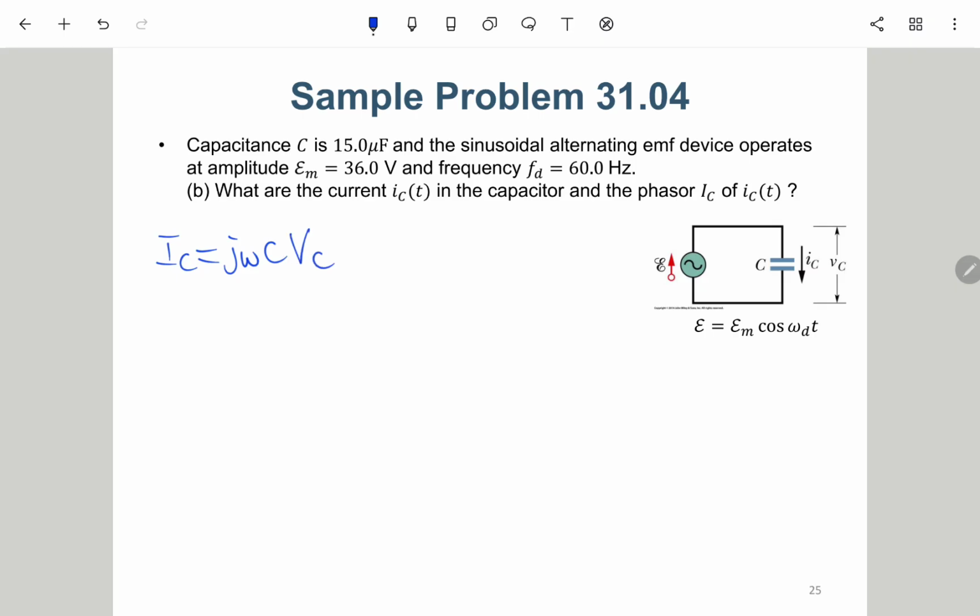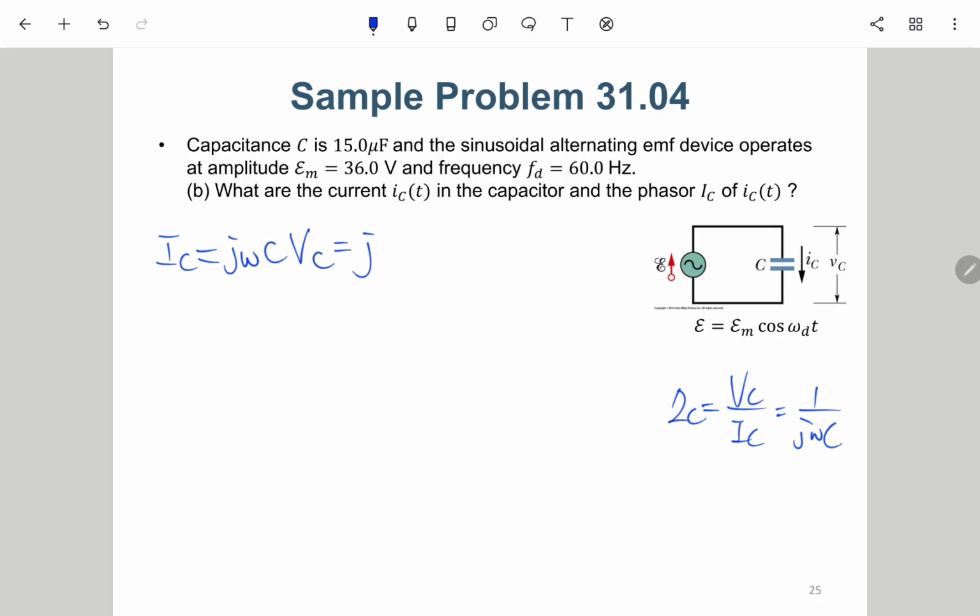This is the definition of the impedance, because Z is VC over IC, which is 1 over j omega c. So you can move over this j omega c by cross multiplication, so IC equals this thing multiplied by VC.